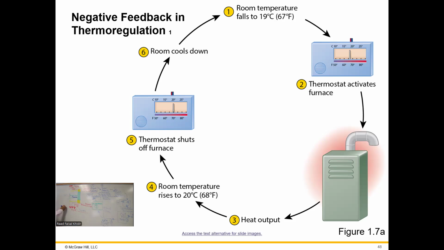We're now 27. So what happens is a stimulus would detect that there is a drop in temperature. Then a sensor or a detector, the thermoreceptor, is going to detect for me that there is a drop in temperature.